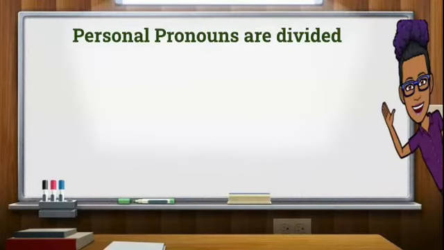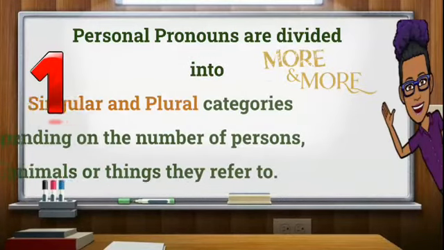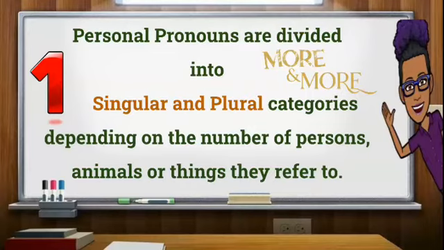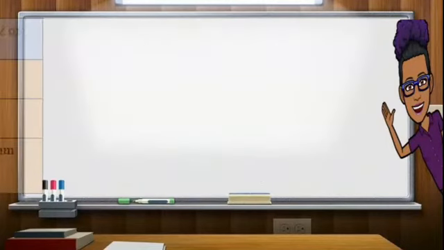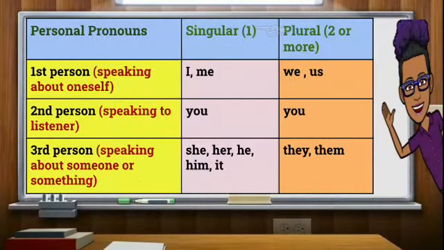Personal pronouns are divided into singular and plural categories depending on the number of persons, animals, or things they refer to. So here's a table. Personal pronouns are singular and plural. First person, that's speaking about oneself: singular will have I and me.